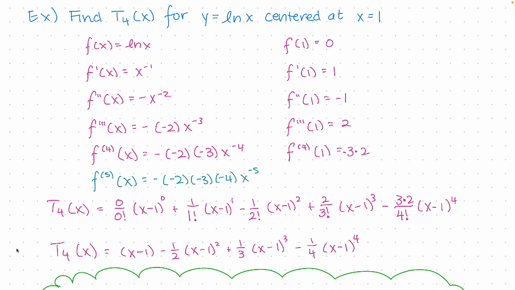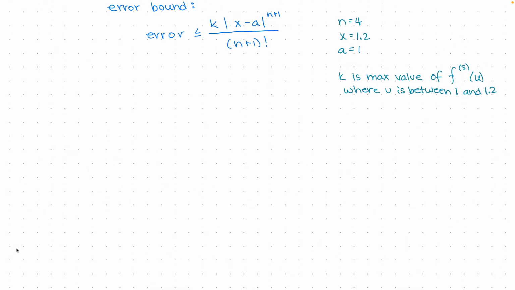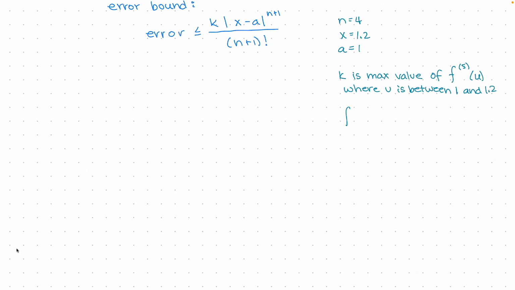That's just 4 factorial over x to the fifth. So the fifth derivative of ln x is 4 factorial over x to the fifth.